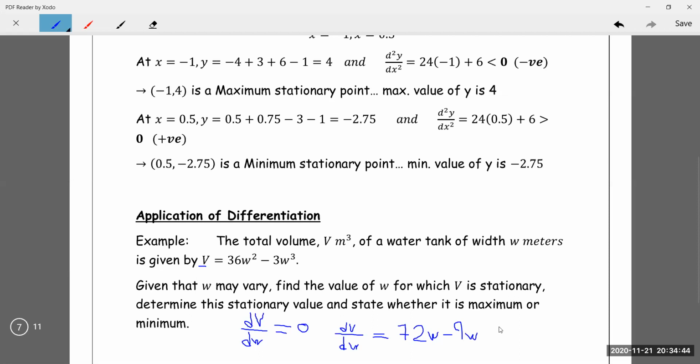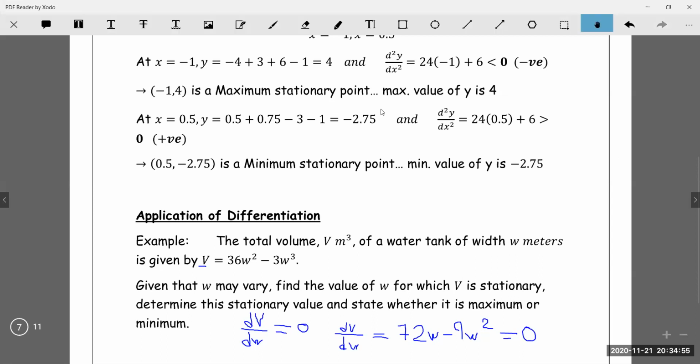Very good. So that's dV by dW, and it's stationary when this equals 0. So we're solving 72W minus 9W squared equals 0.